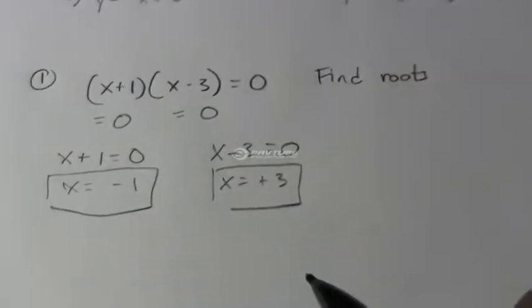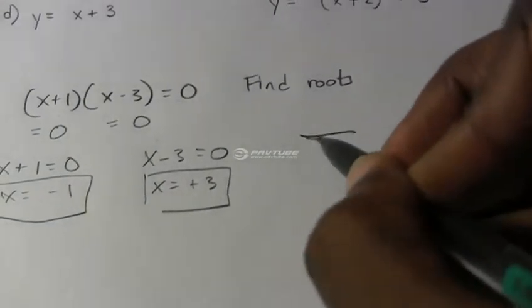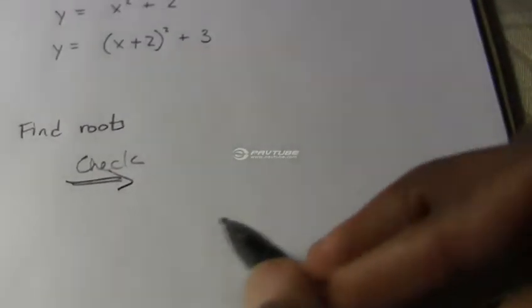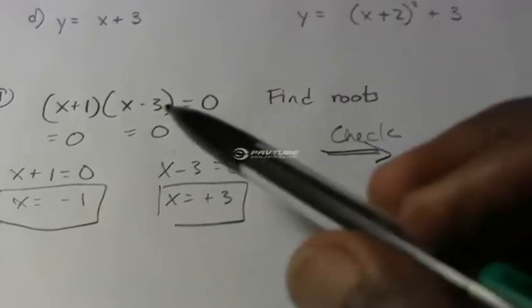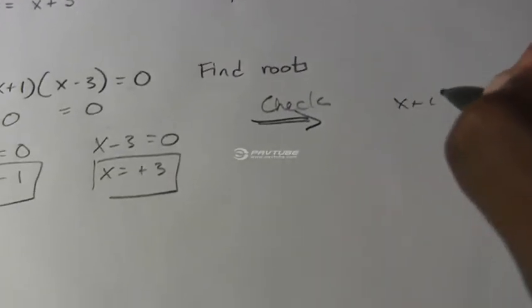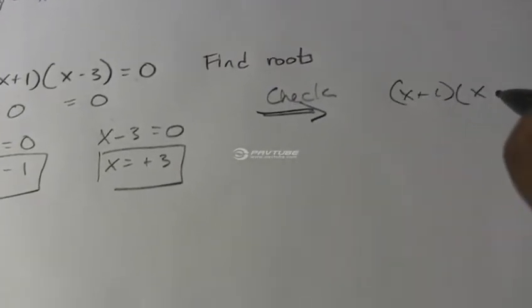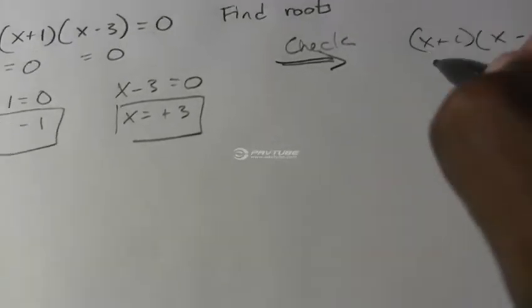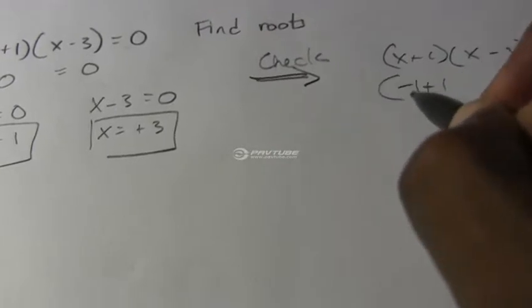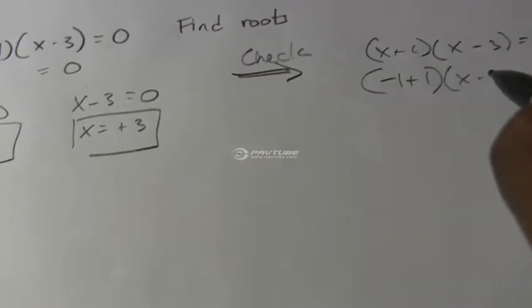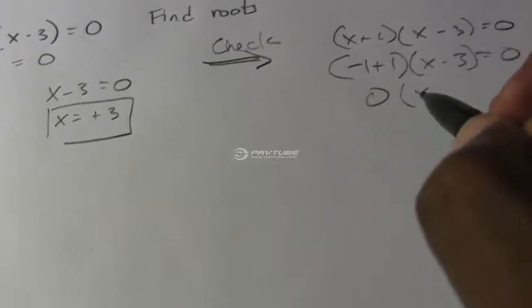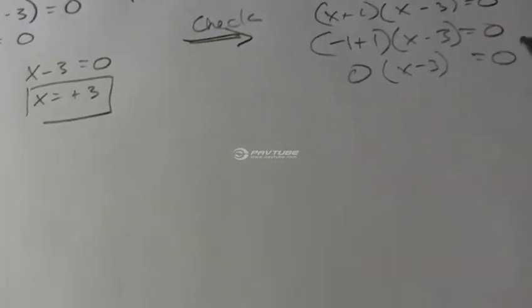And then if you wanted to check your work, you could plug these back in. We had (x plus 1)(x minus 3) equal to 0. If I say x is equal to negative 1, I've got negative 1 plus 1 times (x minus 3) equal to 0. Well, this turns out to be 0, and 0 times (x minus 3) is 0.